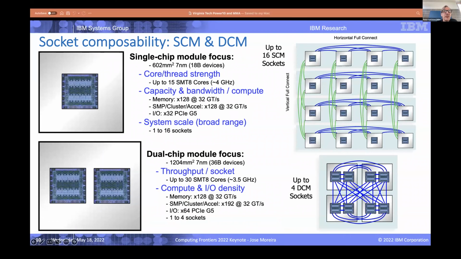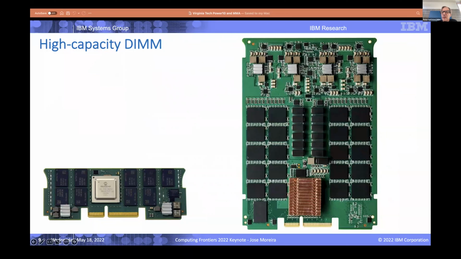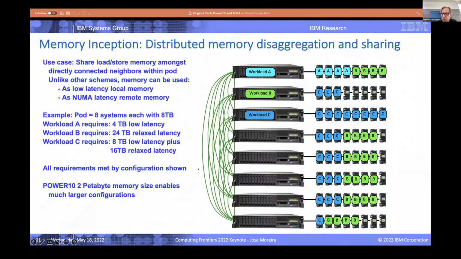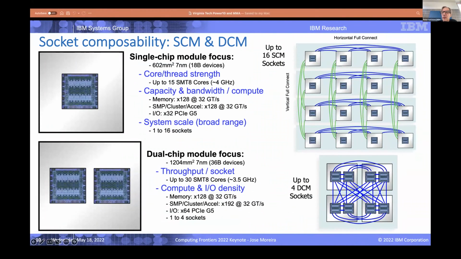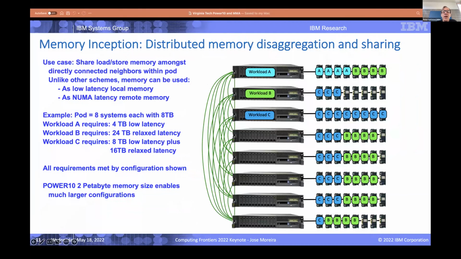I mentioned both single socket and dual socket modules, and for the dual socket modules we go up to 4 socket systems, and for the single socket modules we go up to 16 socket systems. And this is a slide on what we call memory inception.